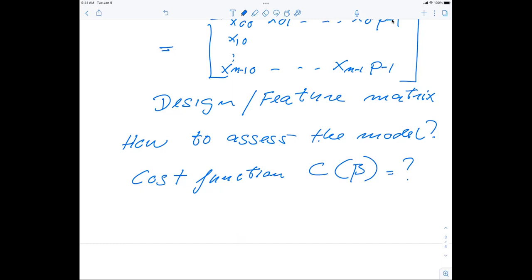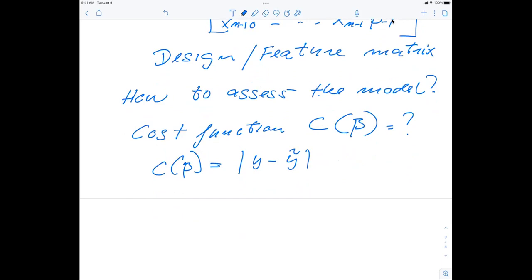So what we would do is write C of beta equal to y, and now I'm writing this as a vector. When I don't put the subscripts, in this context these are vectors. Then I have y minus y tilde, which in our case is simply the data which we have, y minus X times beta.